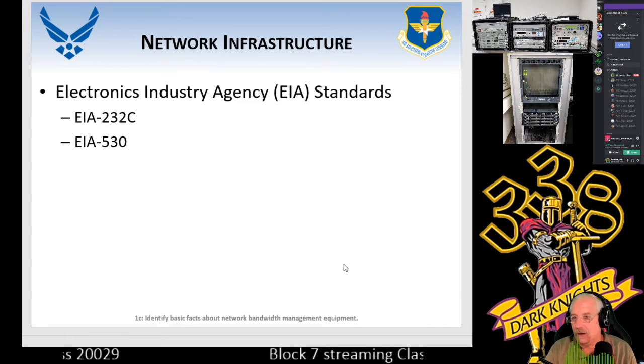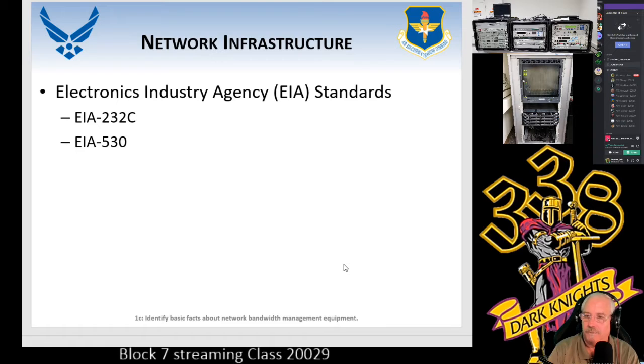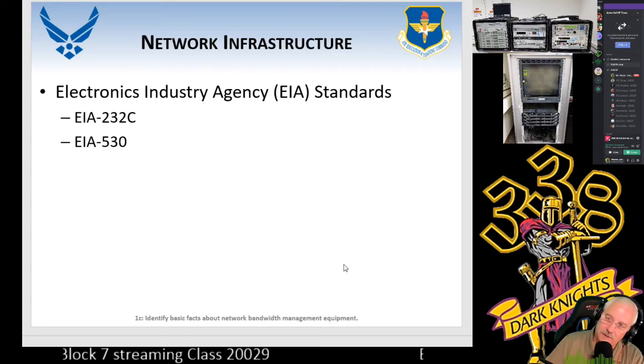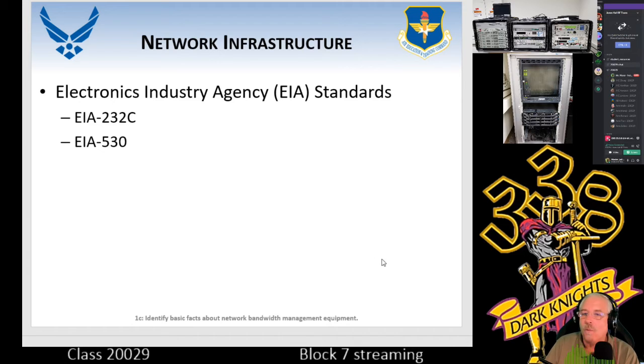Well, this is where the electronics industry came into play and just said, you know what, we're going to make sure everybody's on the same page, so no dominant manufacturer goes out there and basically becomes a monopoly. So by doing this EIA standard, this is how everything started working. Now you can talk between an Android, an iPhone, and your PC. It doesn't matter what brand you got. It all works supposedly the same. Like a Linux can talk to a Microsoft operating system, which is kind of crazy, but hey, it does.